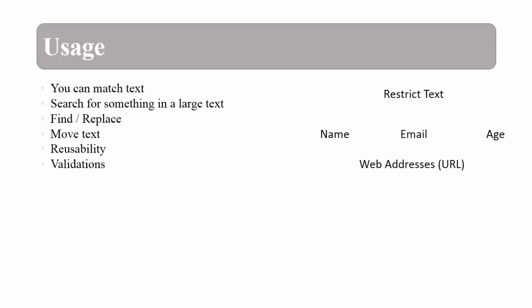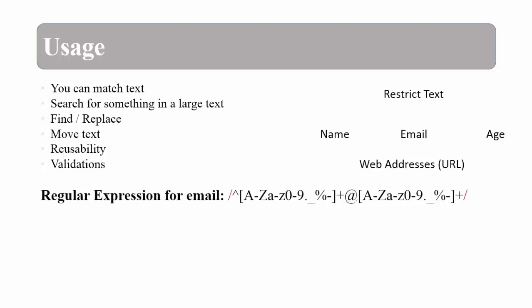Furthermore, you can also check whether the email the user has entered is valid or not. So the regular expression for email will look something like this. Don't worry at all because this is just the intro lecture. We will create all the regular expressions throughout this course. Anyways, this regular expression for email will let the user enter example123@example.com as a correct one.